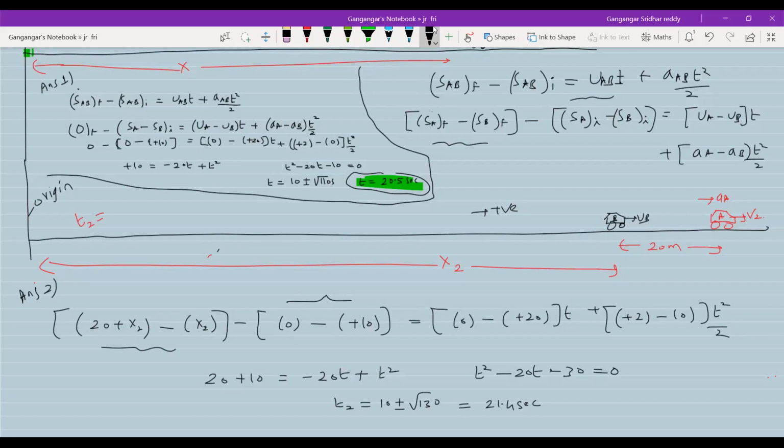So you see how troublesome questions can be for you in the exam. Find the time interval between when car A crosses car B and when car A becomes ahead of car B by 20 meter, meaning he's asking T2 minus T1. Is it okay?